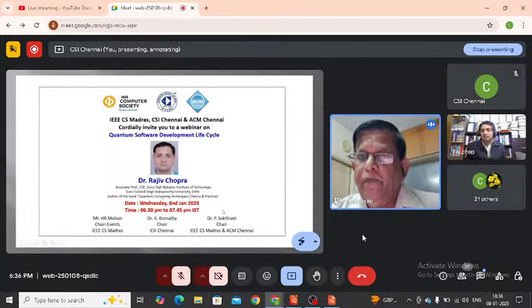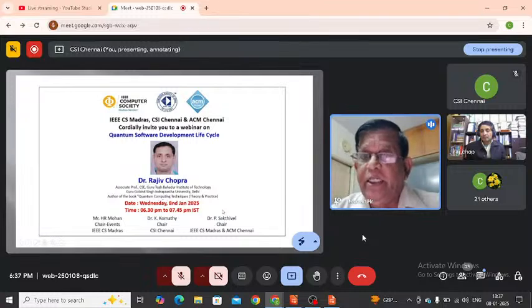Over the period of time, software research has moved from software development lifecycle to web software development lifecycle and now to quantum software development lifecycle. About 2 years back, we had the presentation on web software development by the same speaker, Dr. Rajiv Chopra.